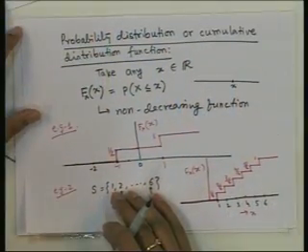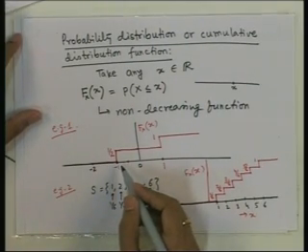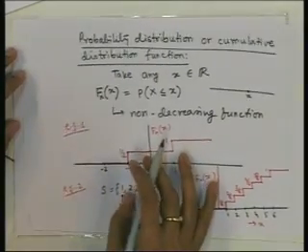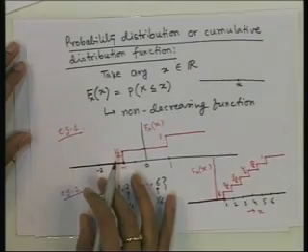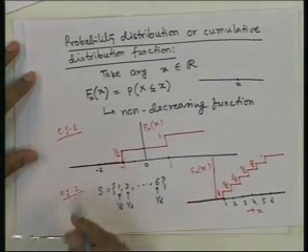Okay. Now, for a continuous random variable, a cumulative distribution function will not look like this kind of staircase, because in that case the probability that the random variable takes a particular value will be 0. Because there are an infinite number of values it can take.